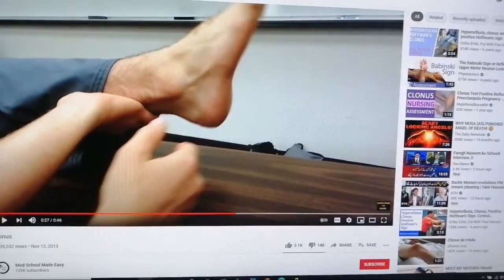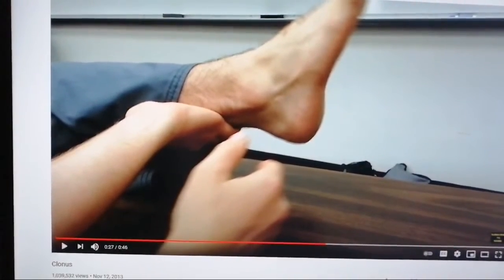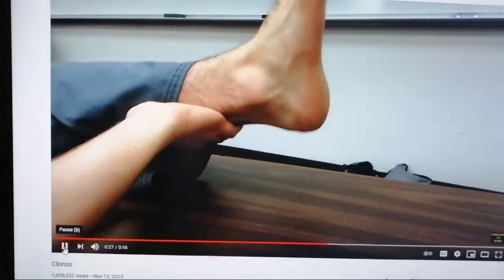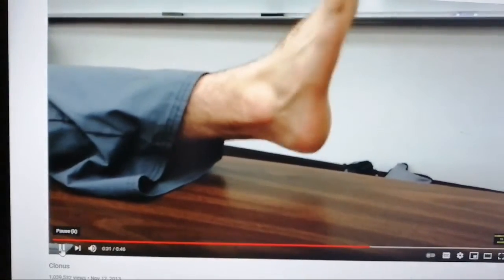Another very clear video is this. Here he has stabilized, the patient is obviously lying down. He has stabilized the ankle by putting one hand underneath the lower part of the leg. Okay, and check this out. This is clonus.